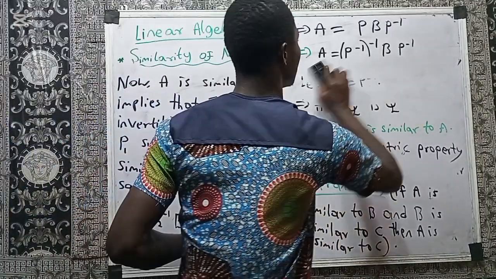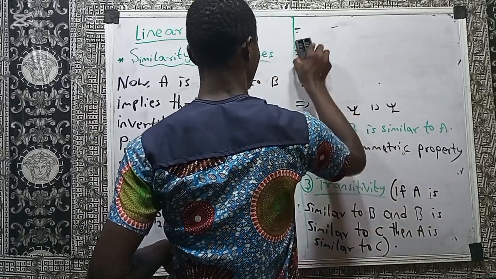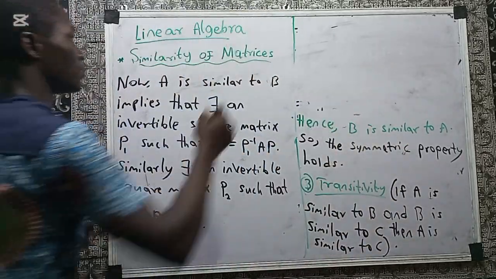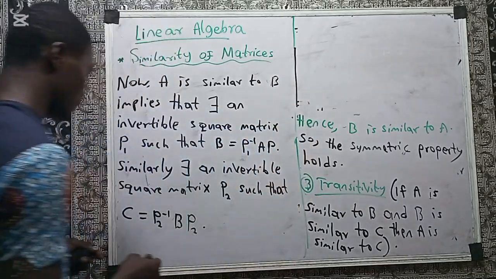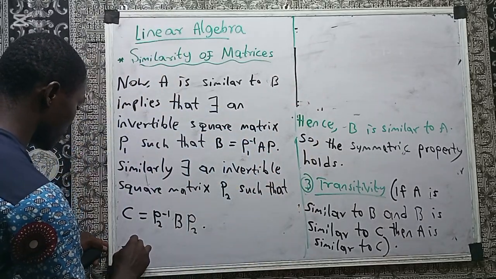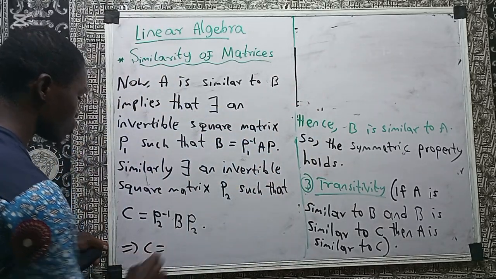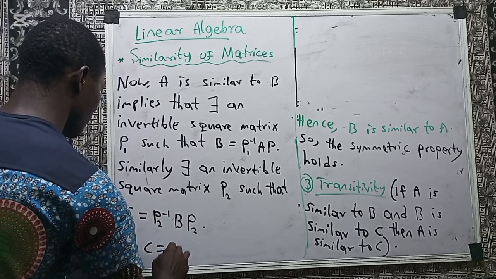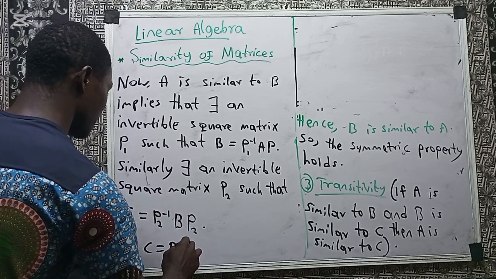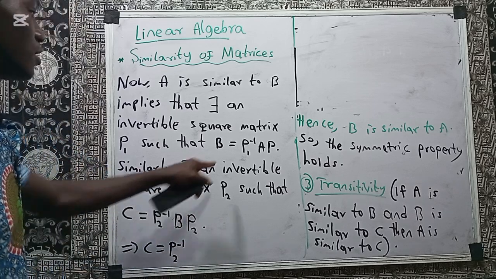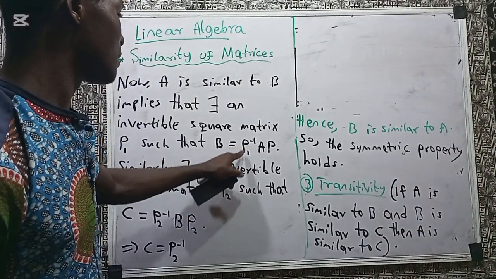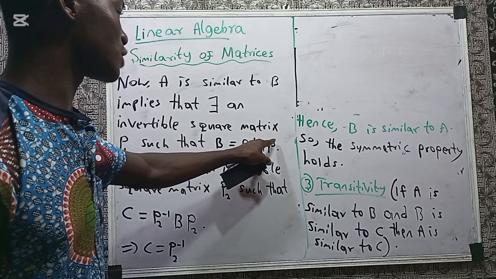So let's proceed here. This simply implies that if you solve this equation, your C will be equal to P sub 2 inverse multiplied by B. In this expression, B is P sub 1 inverse multiplied by A multiplied by P sub 1.